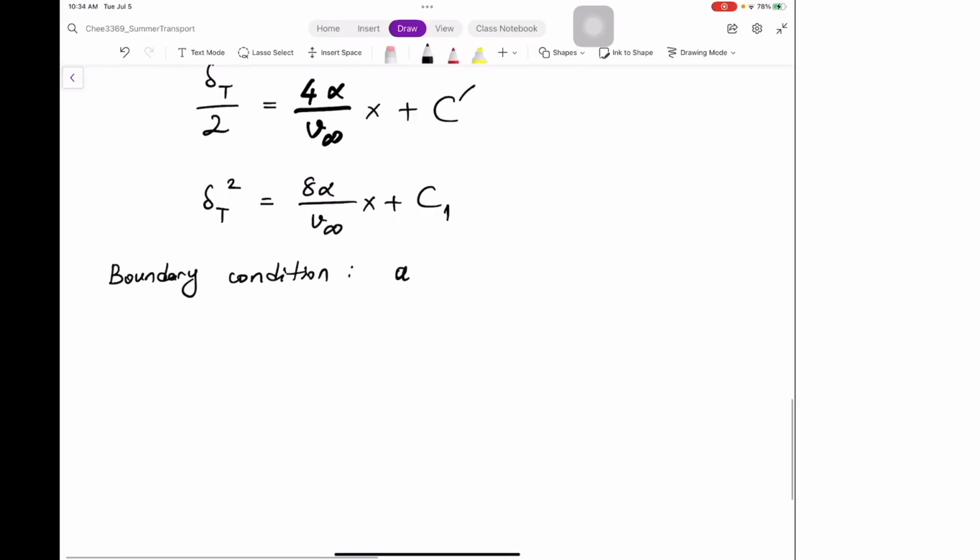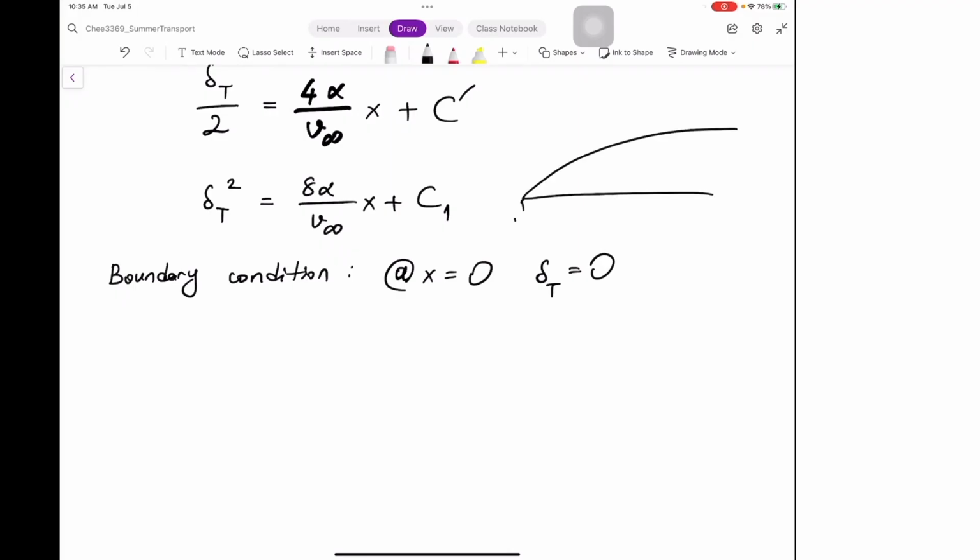At the leading edge, at x equals 0, delta T must be equal to 0, because from the profile, the thickness here goes to 0 as x goes to 0.